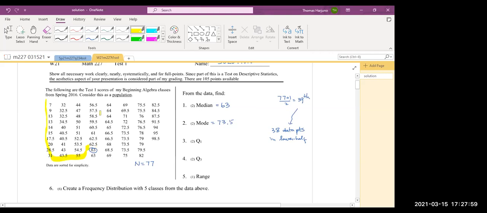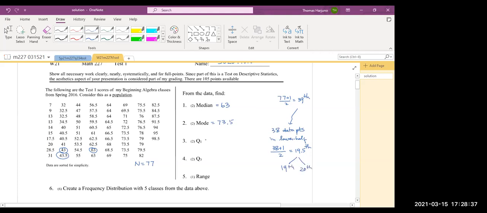Then what is the position for the median of that lower half? That's (38 plus 1) over 2, that's 19.5, so between data number 19 and data number 20. Number 19 is this, number 20 is this.